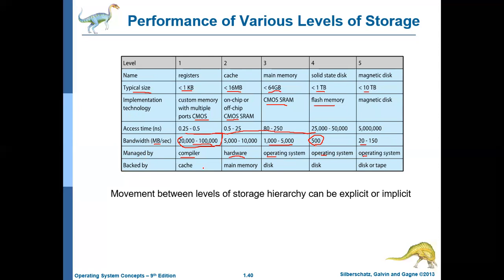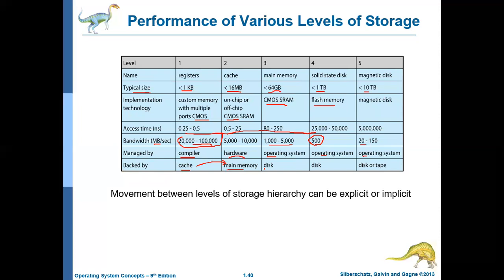So the contents of register will be backed up in the cache memory. Whatever is in register will also be available in the cache memory. So the contents of register will be backed in the cache memory, and the content of cache memory will be backed in main memory.